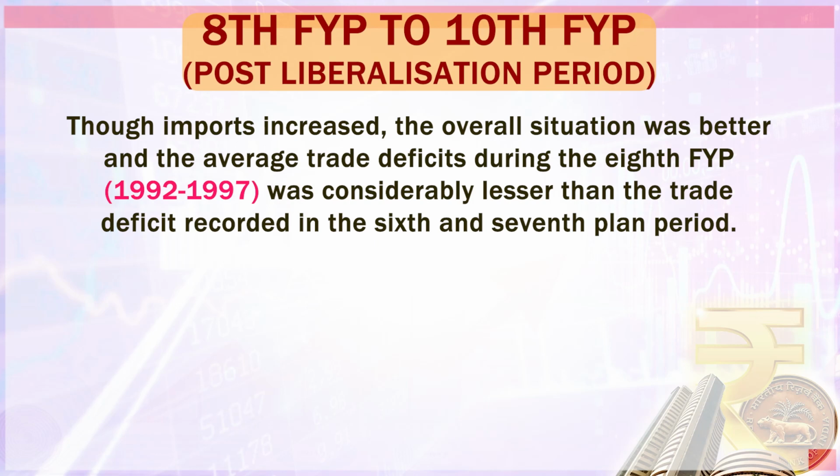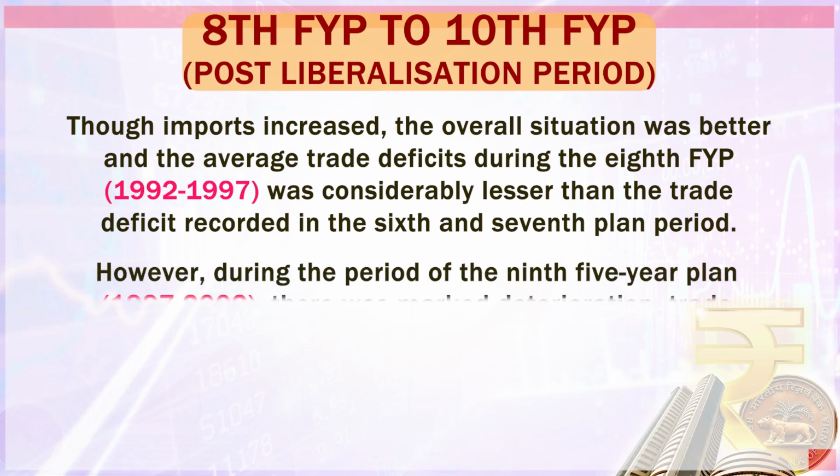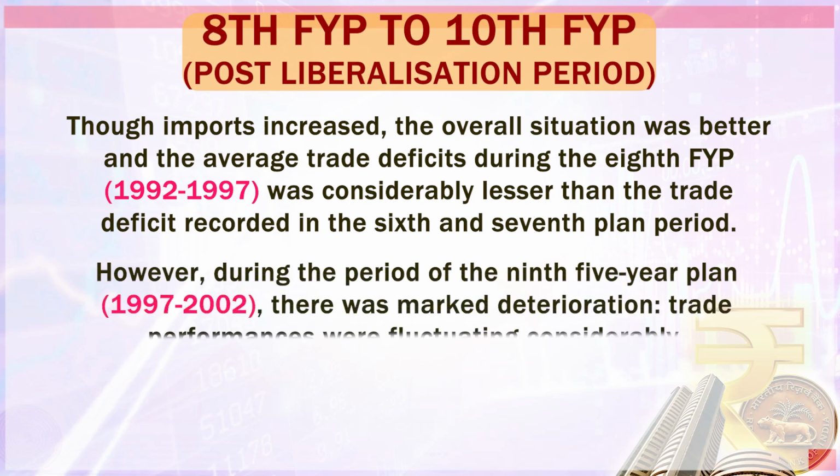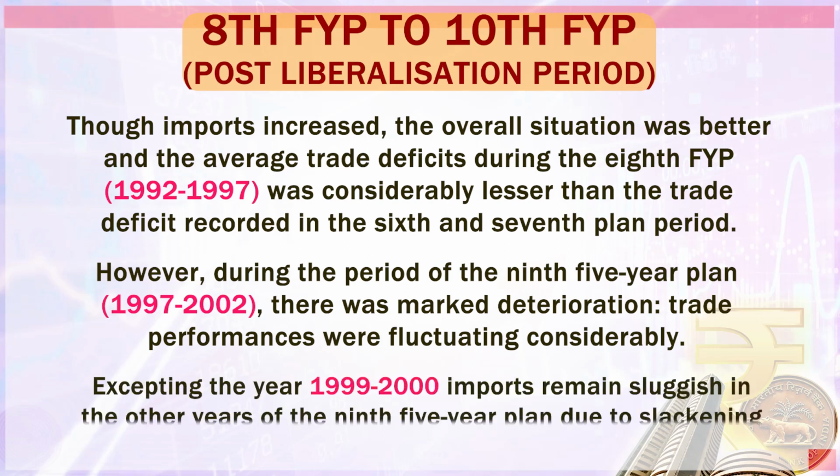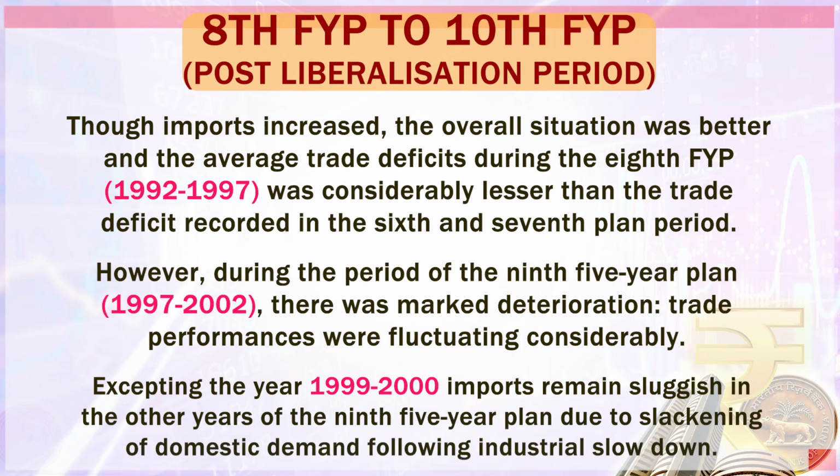Now, during the beginning of the 9th five-year plan, which started in 1997, the trade situation again deteriorated, and it started to fluctuate over the period. And only in 1999-2000, the figure of import was better.